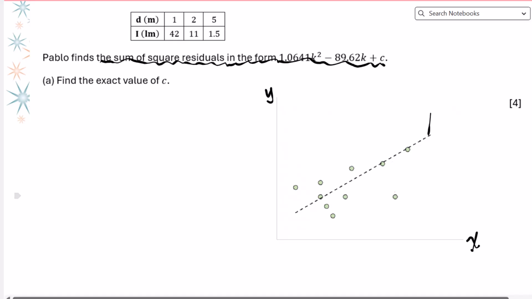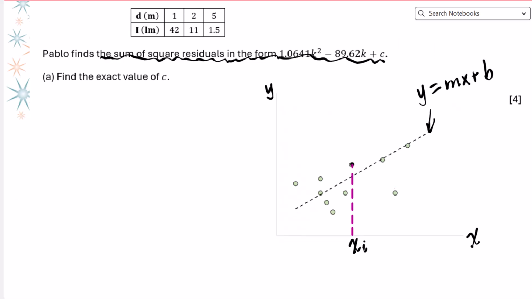This is a linear regression line y equals mx plus b. When x equals xi, we got this yi. It's called the observed value. If we use this linear regression line, we can get this value we label as y hat.